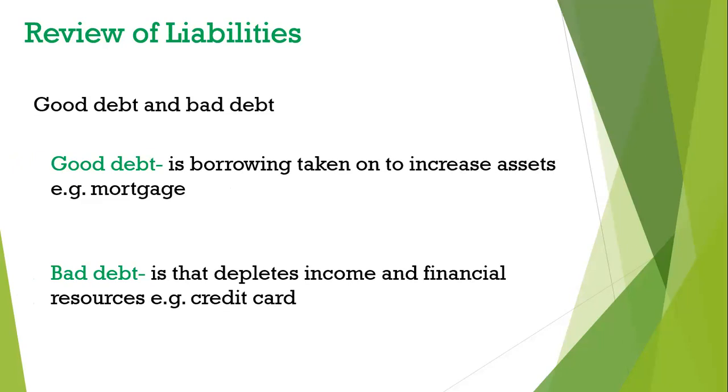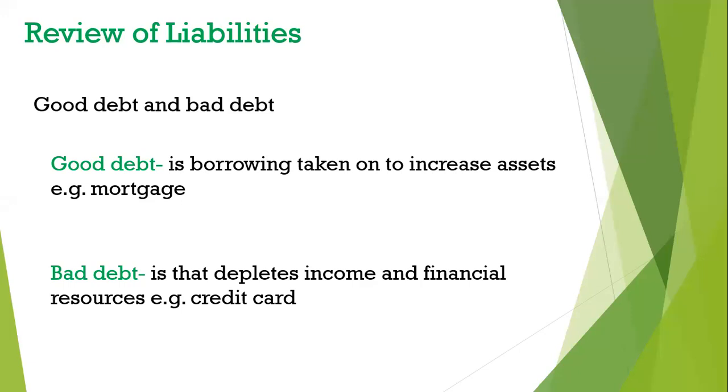Bad debt is the one that depletes incomes and financial resources, things like credit cards. Maybe you're just using your credit card for other things that are not giving you back an asset. So those are the two types of liabilities.